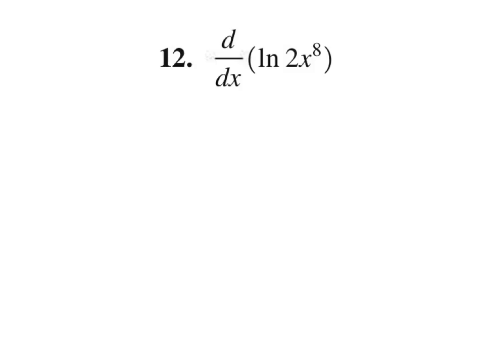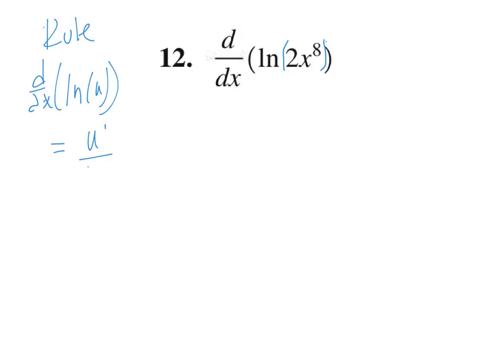Let's take a look at number 12. Guys, when they don't have any parentheses in there, go ahead and put them inside of here. And what I want to do is take the derivative of this. So I want to use the chain rule, and the rule that we have is that d/dx of the natural log of u, some function, is equal to u prime over u.